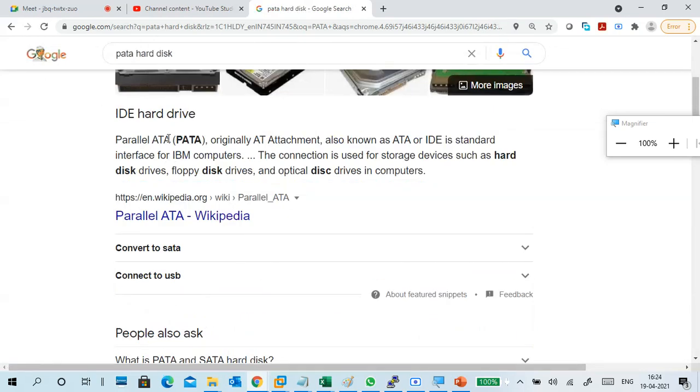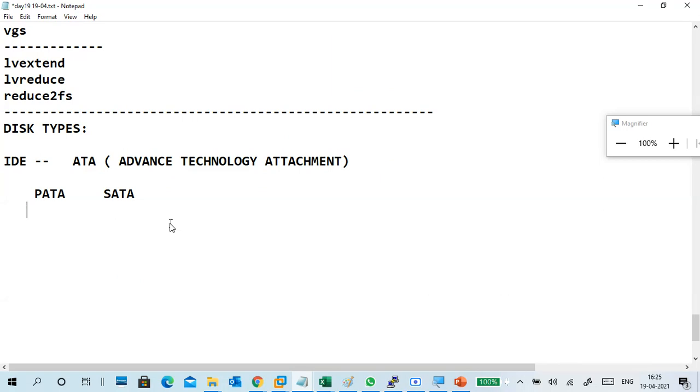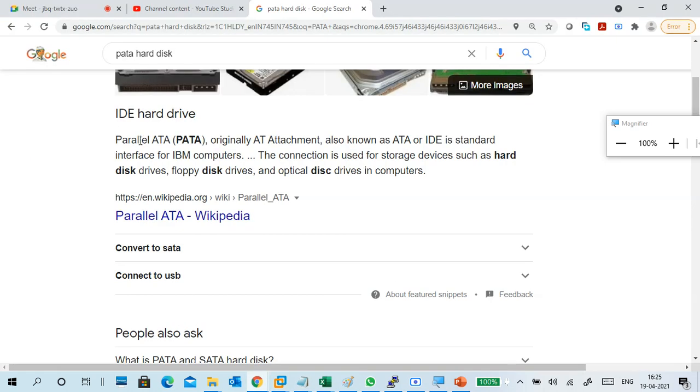This is the spelling, and for this one I typed PARALL. Yeah, not cooperating at all. Parallel, right?